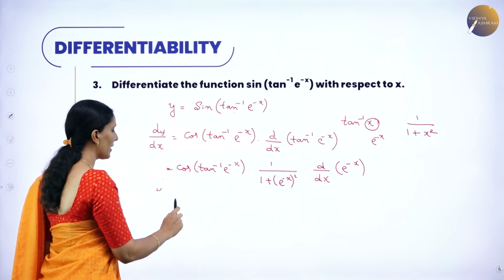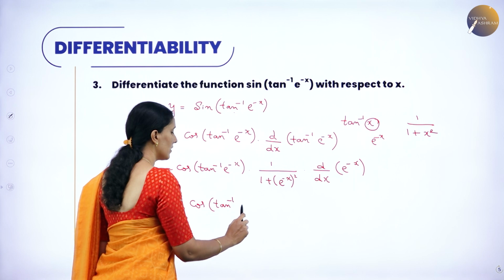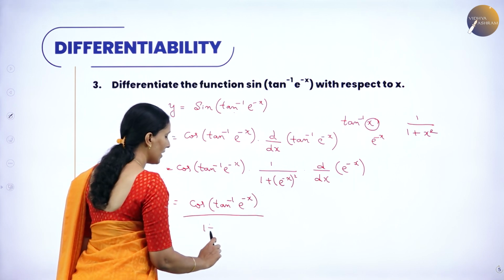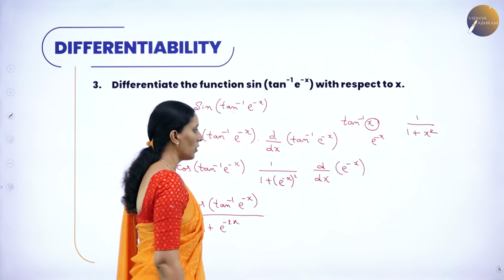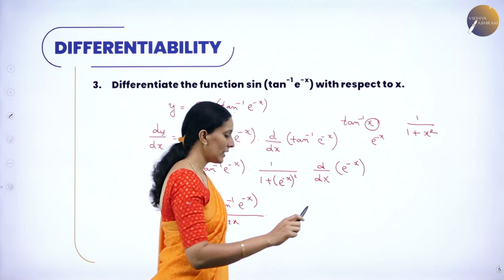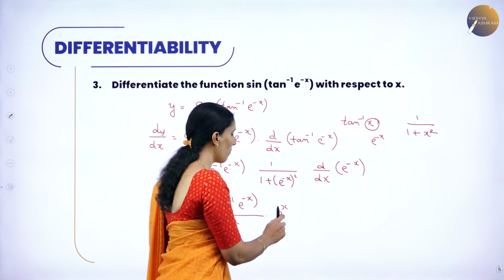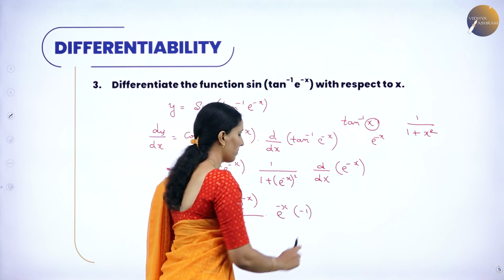So now this becomes cos of tan inverse e power minus x whole divided by 1 plus, when you multiply, this becomes e power minus 2x into. What is the derivative of e power x? It is e power x only. But instead of x here we have minus x. What is the derivative of minus x? It is minus 1.